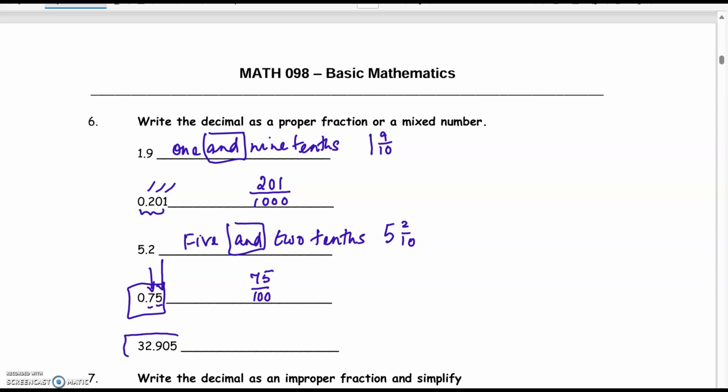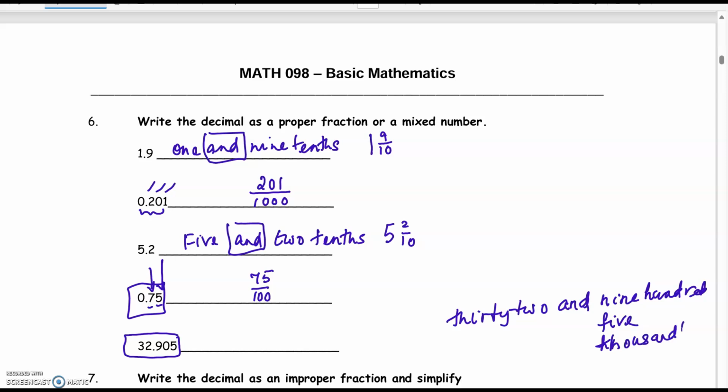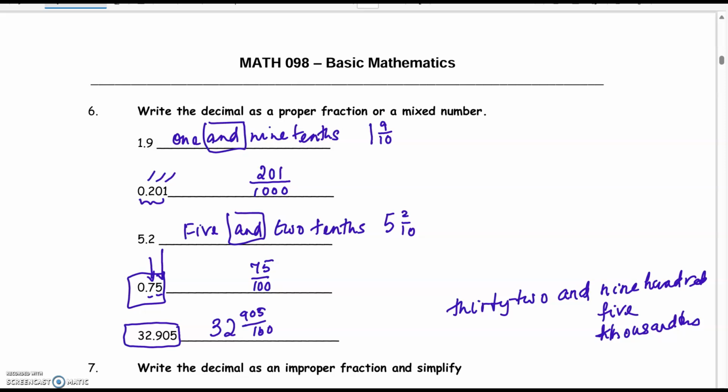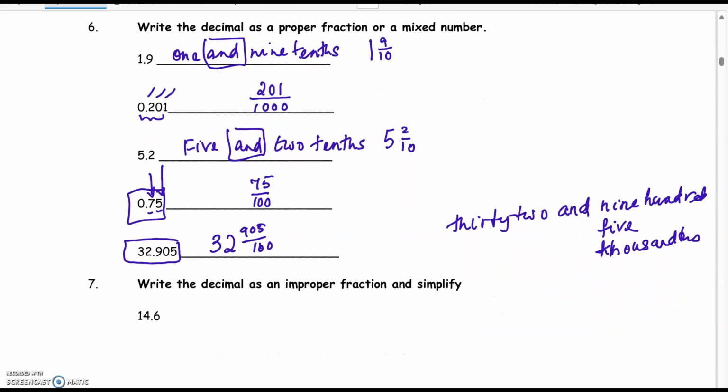Now let's read this in the decimal form first. It's 32 and 905. We read the number just the way it is, but at the end, since there are 3 decimal place values, we say thousandths. So 32 and 905 thousandths.